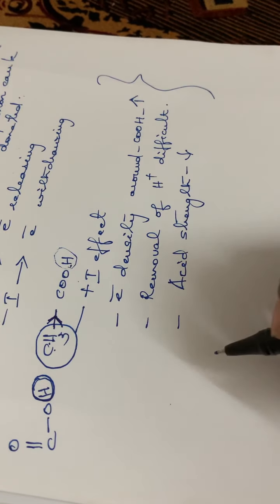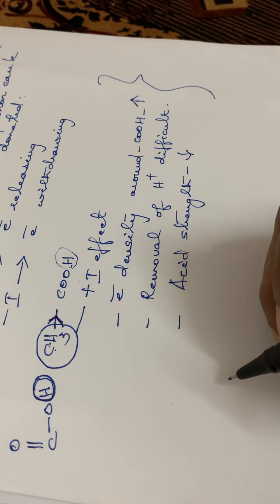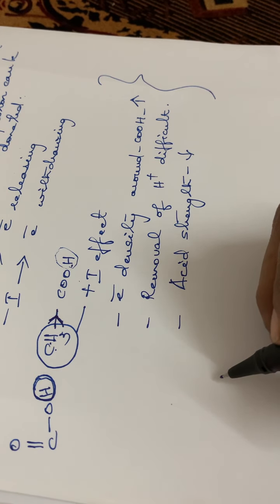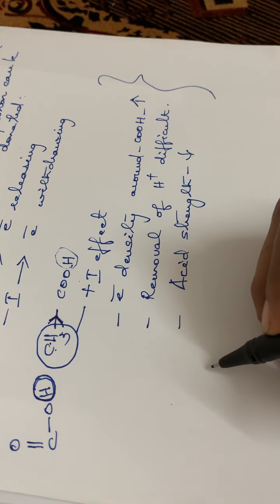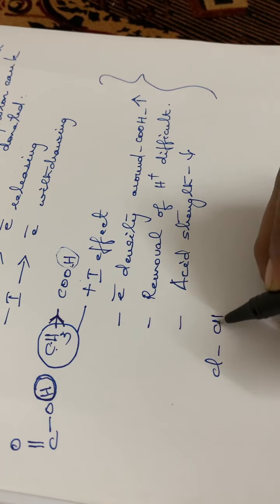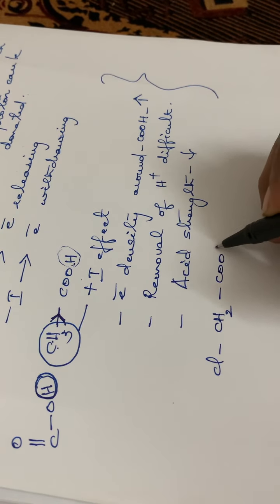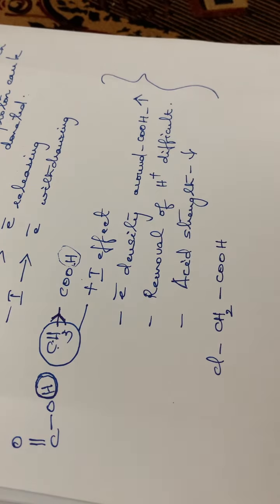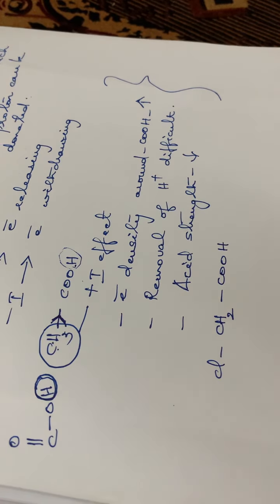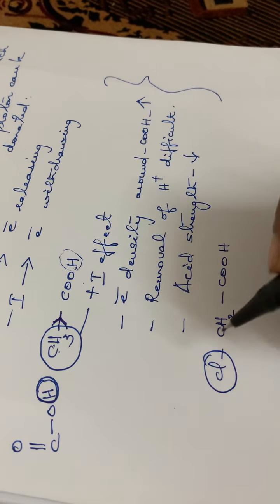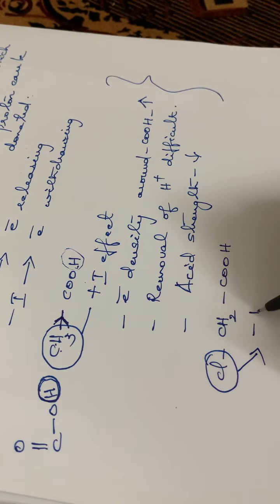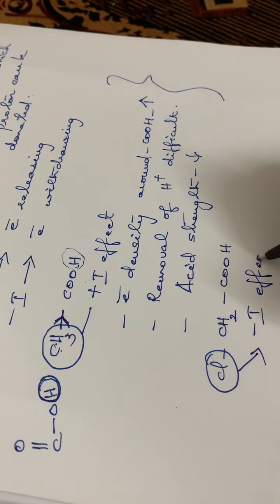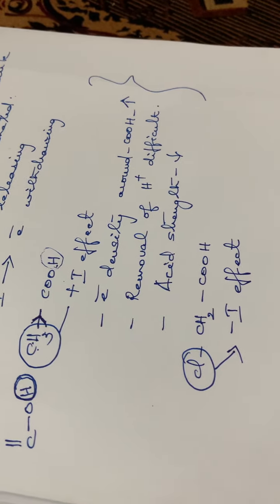Then again, if a minus I effect group is attached, what will be the case? Suppose I am writing chloroacetic acid, ClCH2COOH. Here the Cl group has a minus I effect, that is, it is an electron withdrawing group, isn't it?